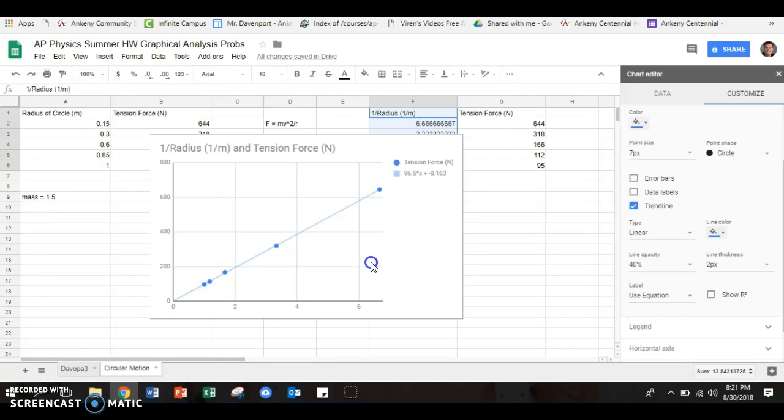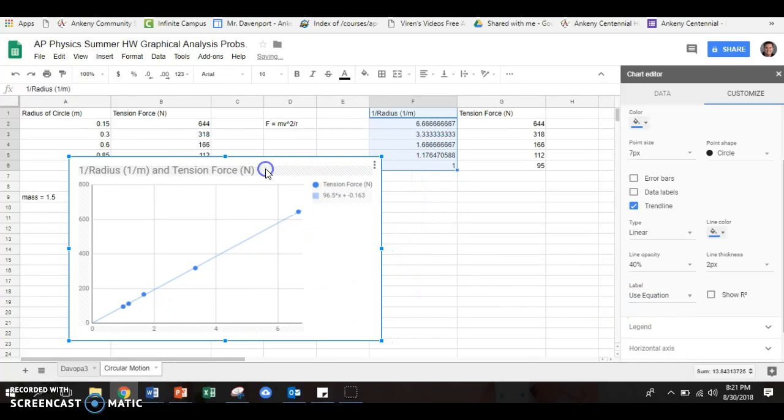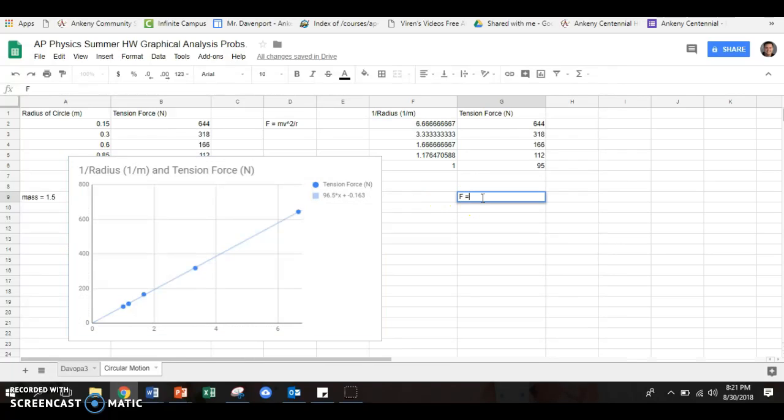So we're seeing this equation, 96.5x plus negative 0.163, or in other words, our tension force, F, equals 96.5 times our x variable, which was 1 over radius, so I'll just say divided by r. The nice thing here is we have a pretty negligible y-intercept.